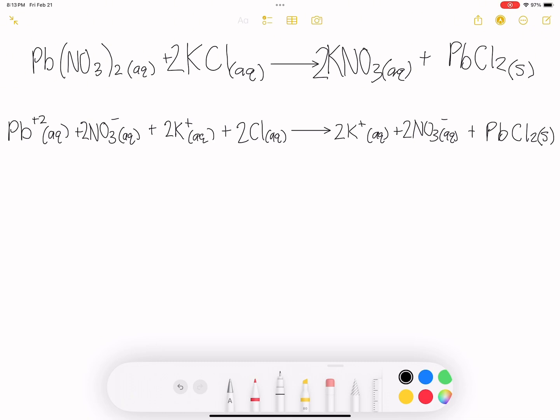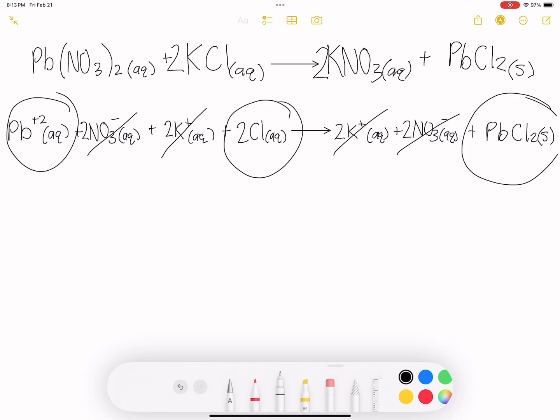The next step would be to cancel the spectator ions. So 2NO3- and 2NO3- is the same on both sides. 2K+ and 2K+ is the same on both sides, which means they are spectator ions and they need to be canceled out. So Pb2+ is left, 2Cl- is left, and PbCl2 is left. These will be made into our net ionic equation.